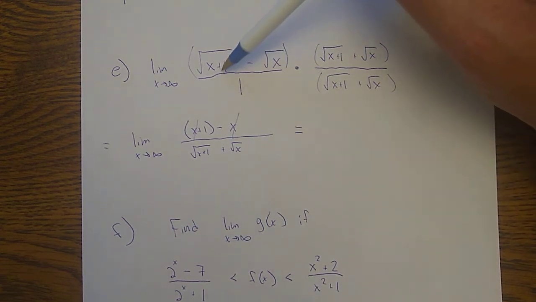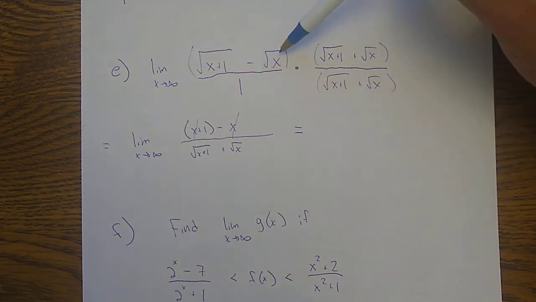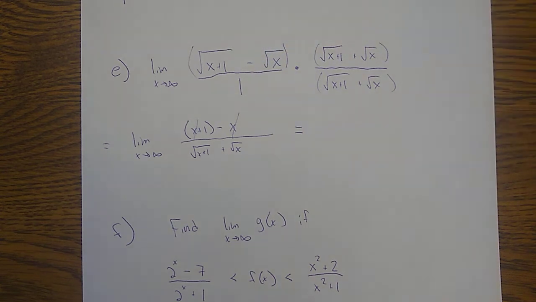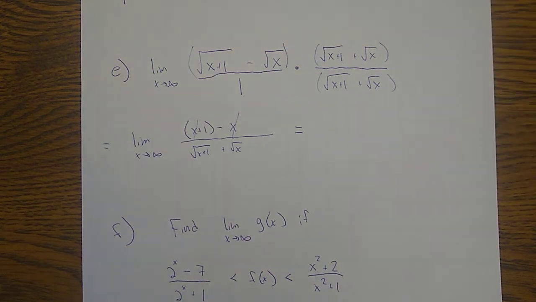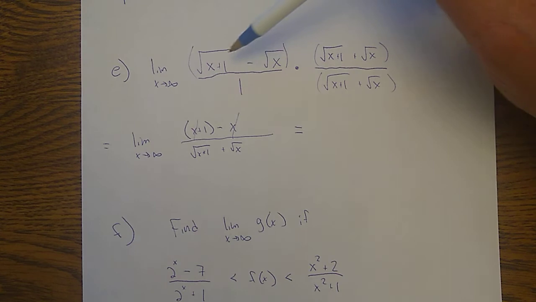So let me emphasize this again. At the very beginning, when I was looking at this, like this square root minus this square root, I had a huge number minus another huge number. And what I said is it's hard to tell what's happening there. It's possible to have a huge number and subtract another huge number and have it still be huge. Like if I take 2 million minus 1 million, those are both huge numbers, but I subtract them, and the difference is still 1 million, which is still pretty huge.